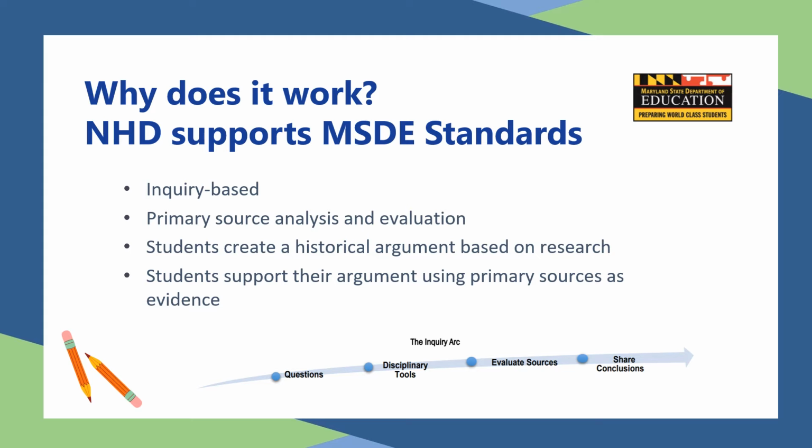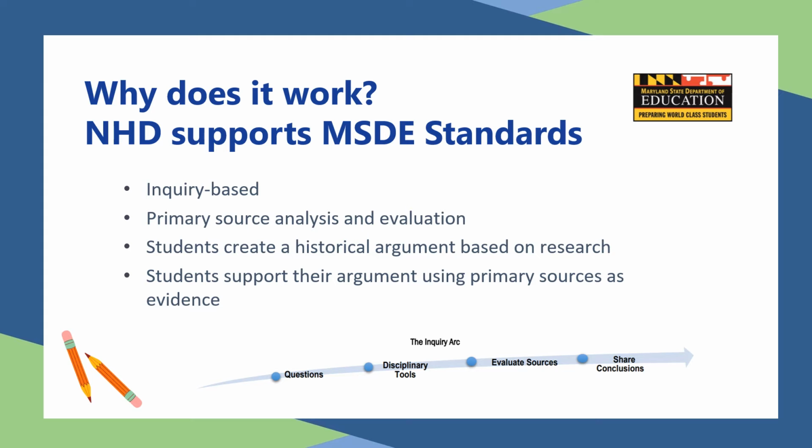they come up with. Next, History Day is rooted in primary source analysis and evaluation. So they'll be looking at those historical sources, determining how they fit into their project, determining who created them, where bias lies in each of those sources.